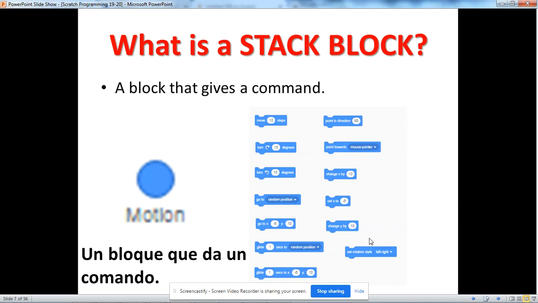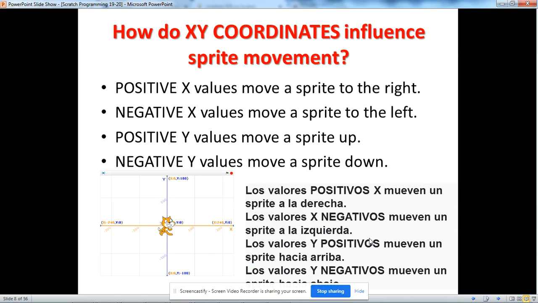That's because if you think back to what we learned at the beginning of when we talked about Scratch, computers are really, really great at understanding numbers, but they don't really speak English like us. So if we can communicate to computers with numbers, the computer is really going to understand that. So we use that to our advantage whenever we're coding. When we talk about motion in Scratch, we're talking about X and Y coordinates. And these are just like the XY coordinates that you learn about and talk about in your math classes.